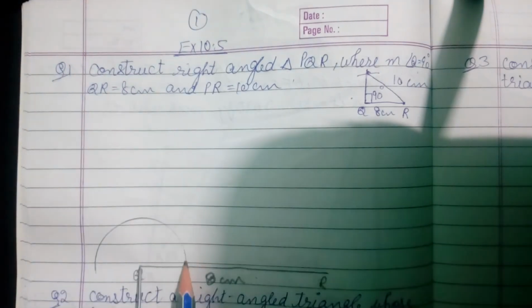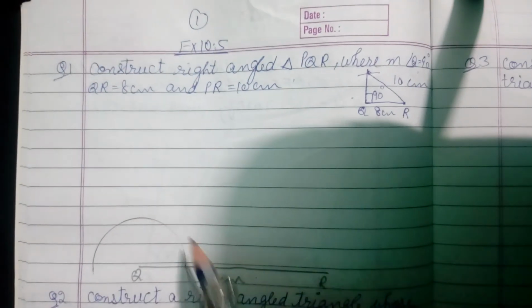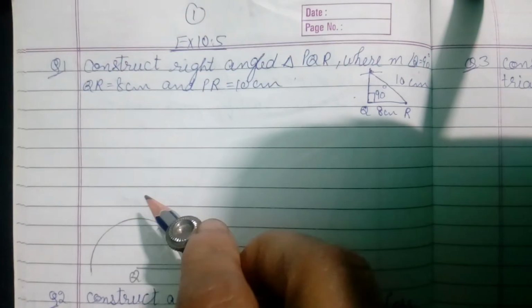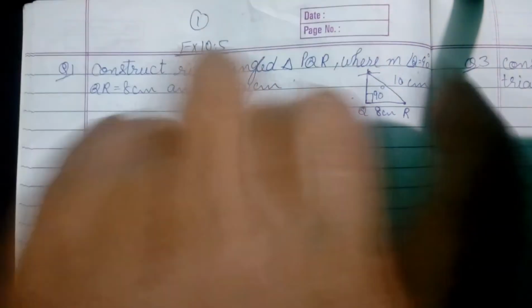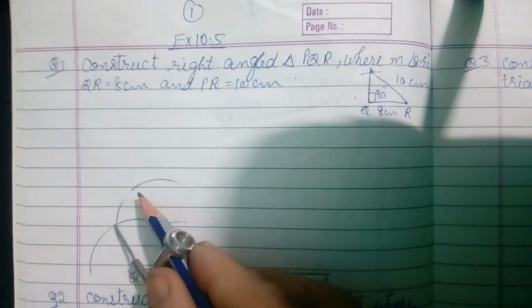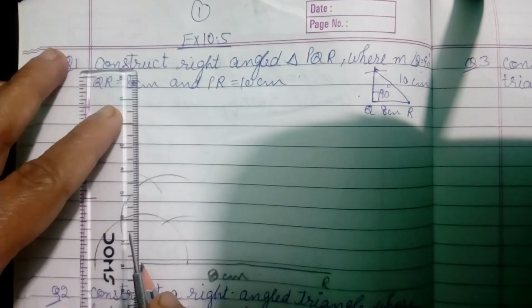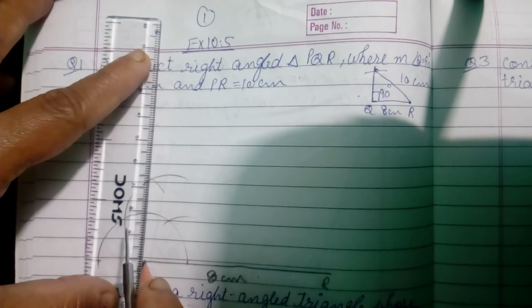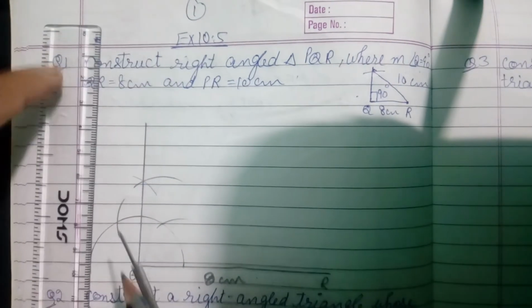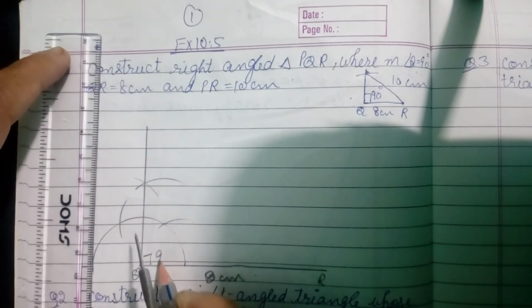You know how to construct. This is 0, first arc is of 60, then this is 120, and in between them, from 60 and 120, where the arcs will meet, the line passed from this angle will be of 90 degree.